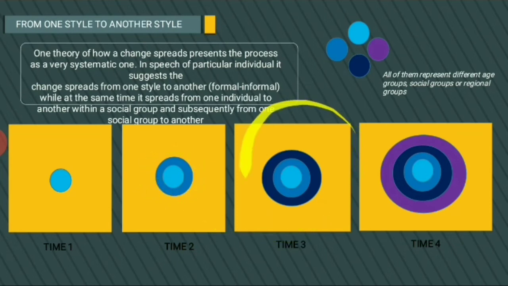And then in the third time, the dark blue is added into the community as the reason for these changes. And in the last process, they have a bigger community in which formal and informal language is used due to the context. So it is true that the statement here, at the same time it spreads from one individual to another individual within a social group and subsequently from one social group to another.